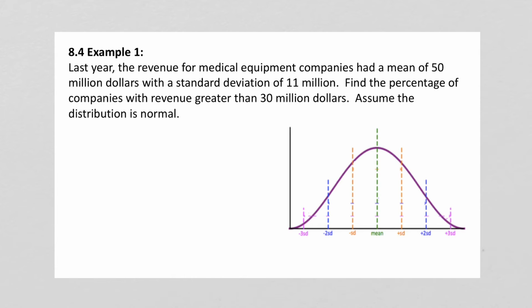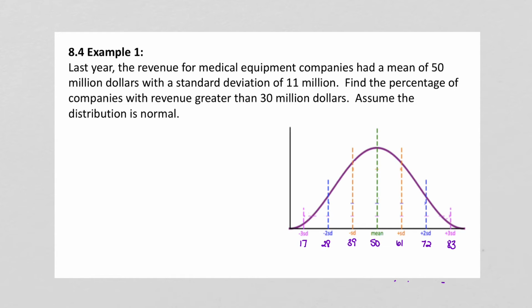So in this case, it doesn't say anything about the empirical rule. The empirical rule might work, and so we can go over to this graph and see if it does. We've got 50 as our mean, and 11 is the standard deviation, so that would take us up to 61, 72, and 83, and down to 39, 28, and 17.